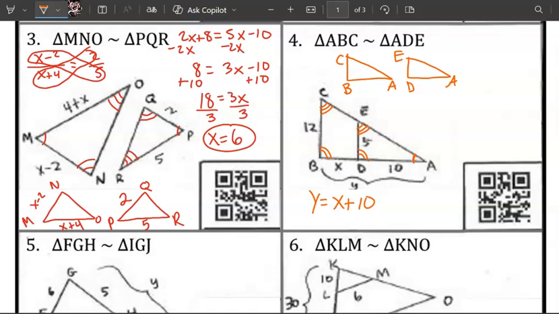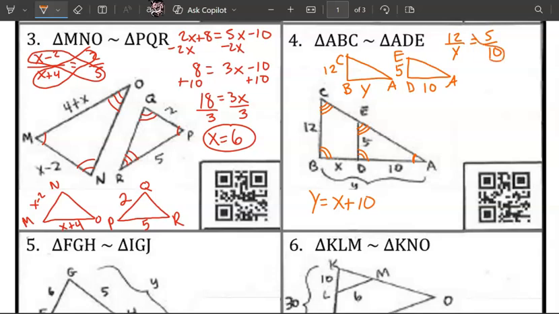All right, so let's go ahead and label each of these sides. And then we can set up our proportion to solve for y first, and then we can use that to solve for x. 12 over y equals 5 over 10.